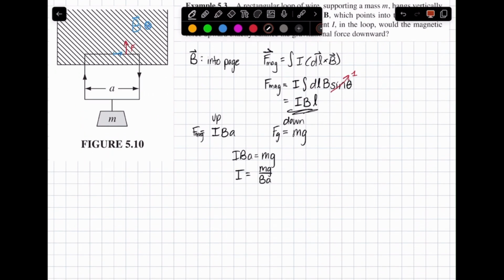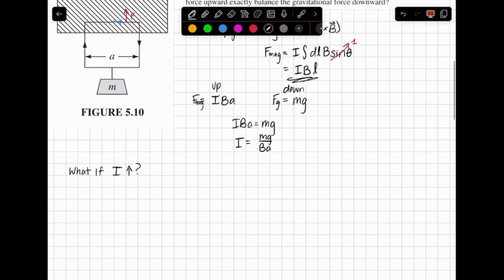Now, in this example, Griffiths introduces this idea: what if we increase the current? Well, in that case, the force upwards on the loop is going to be greater than the force downwards due to the gravitational force. And so one may be tempted to write that there's work done by this magnetic force.